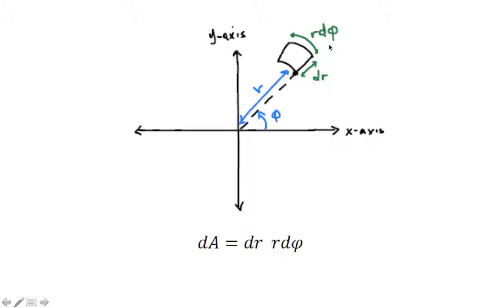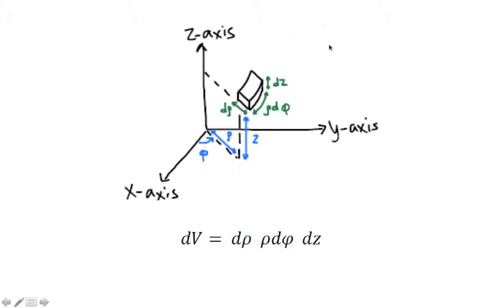Using this information, we can now find what the volume element looks like in either cylindrical polar coordinates or spherical polar coordinates. In cylindrical polar coordinates, the volume element is going to be d rho times dz times rho dphi, because if we sweep out a small element of phi, we're going to sweep out an arc of rho dphi. This volume element is not a cube.